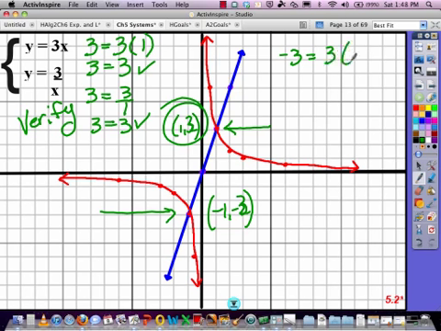So verifying is just placing the ordered pair into your equation and showing that it makes both sides of your equation true. In the second one, it would be 3 divided by -1. We know 3 divided by -1 is -3, so it checks. So if you have to verify, that's what we're looking for.